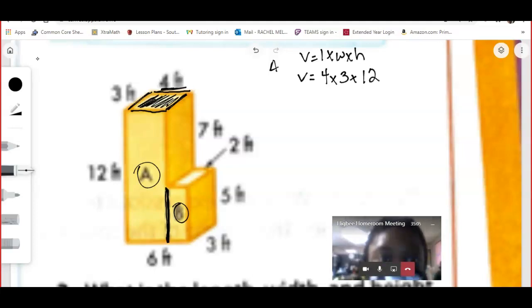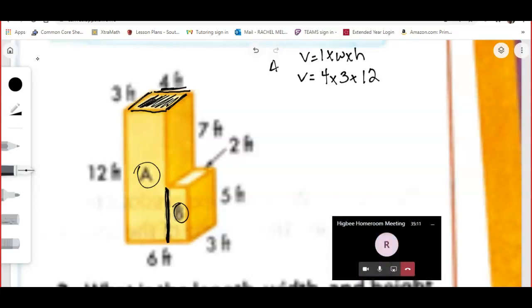So Rita, which would you like to multiply first? 4 times 3. So everybody, what's 4 times 3? 12. So what's 12 times 12? Ooh, we don't know that, do we? 144. 144, good.